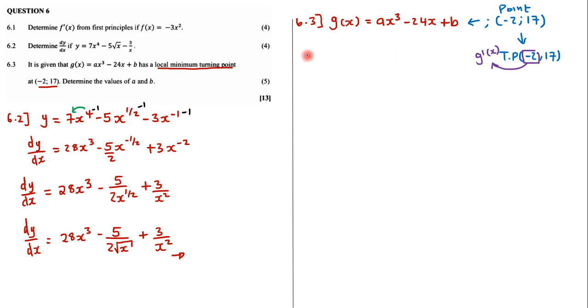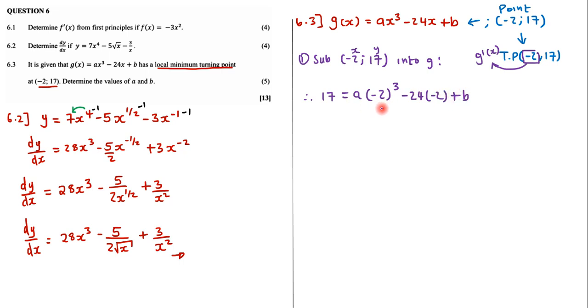So the first thing that we're going to do is, number one, we're going to sub minus 2, 17 into g, because this is a point, right? So how do we do that? We do that by denoting this as x and that as y. So here we're going to have 17 equals a into minus 2 to the power 3 minus 24 into minus 2 and then plus b, right?